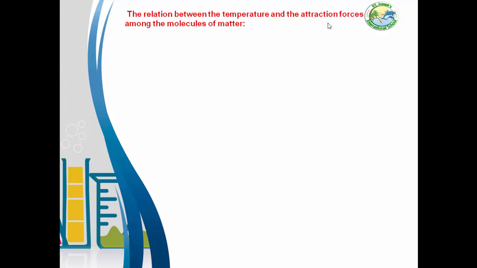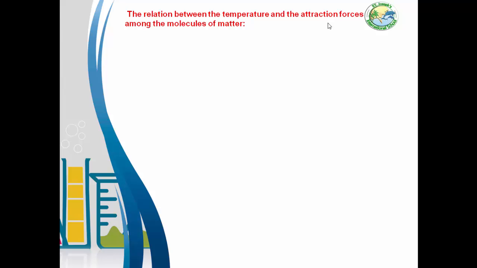As we said before, matter can change from one state to another by heating or cooling. So, what happens when matter is heated? For example, if we are talking about a solid, what happens if we heat a piece of ice? When a solid substance is heated, its molecules gain thermal energy. Thermal means heat energy.